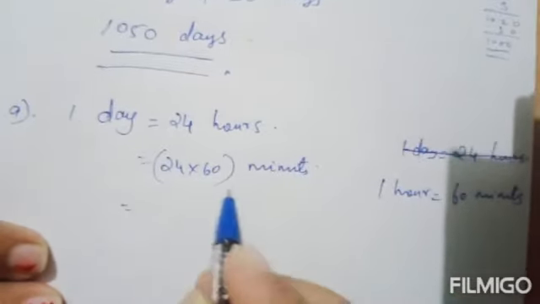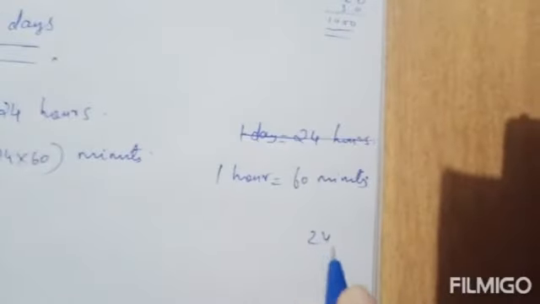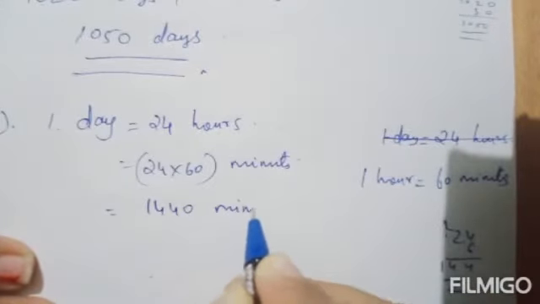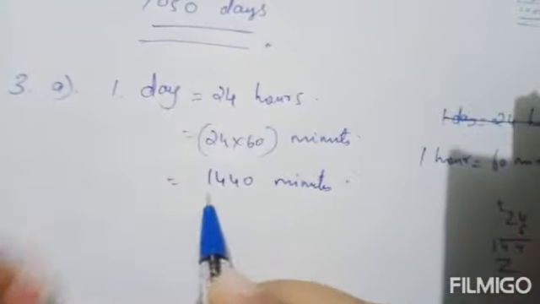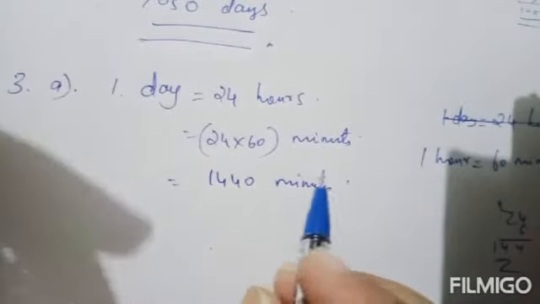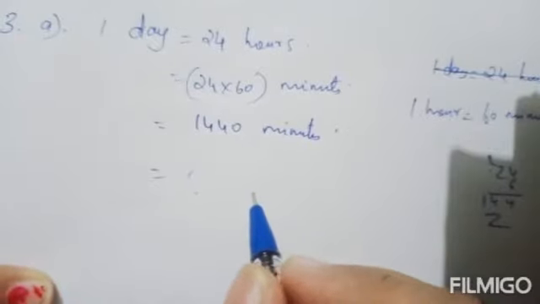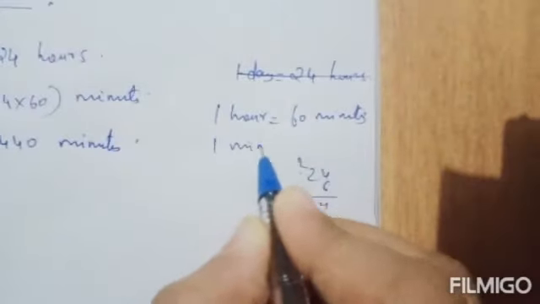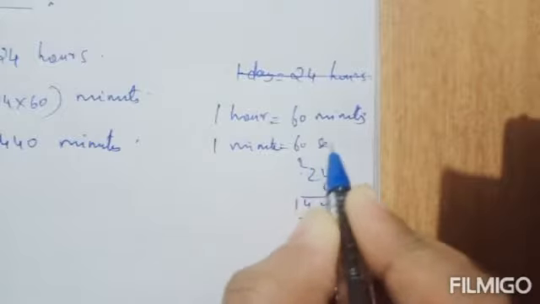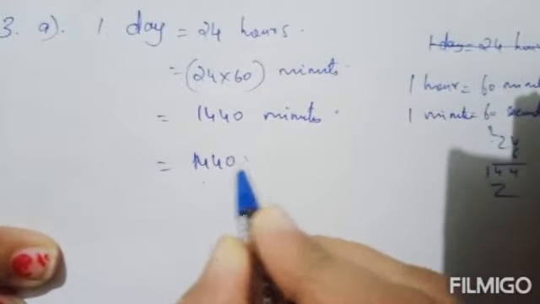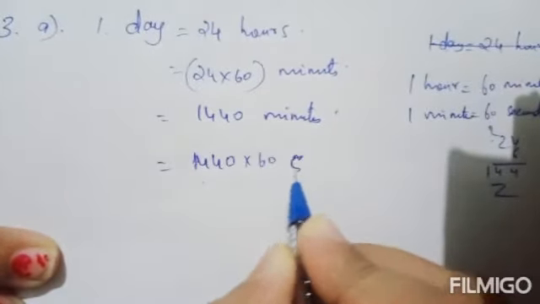What you will get is 1440 minutes. Now we can convert this minutes to seconds. You know 1 minute equals 60 seconds. So 1440 minutes will be 1440 into 60 seconds.